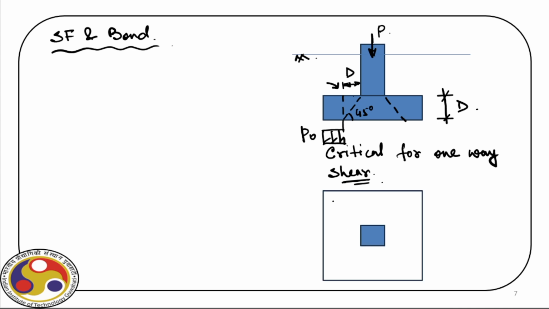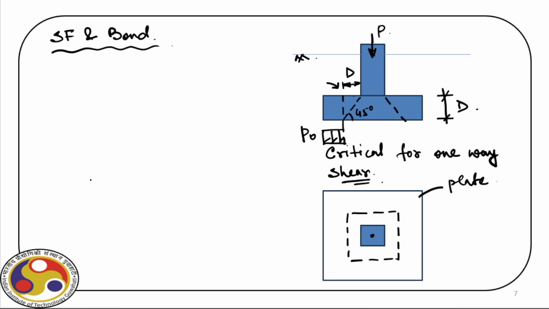Because this foundation acts like a plate supporting a column applying a load P at the center, there is a tendency that this square column can punch through the plate, and that distributes the shear force for this punching over an area which is marked here. This is called two-way shear.